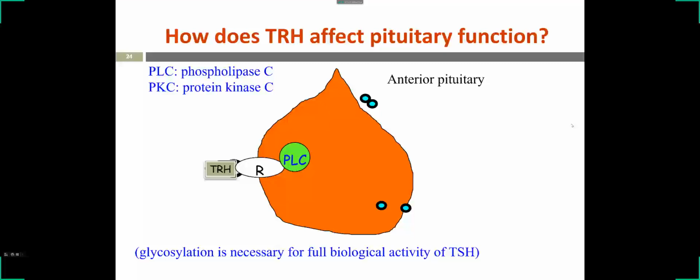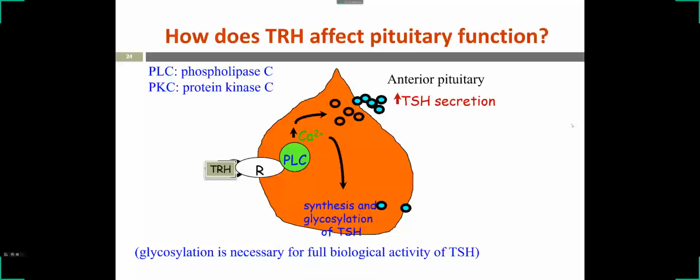This drives phospholipase C activation, which will then eventually increase intracellular calcium concentrations, which then will cause both increased secretion of thyroid stimulating hormone from the anterior pituitary, and eventually drive synthesis and glycosylation of more hormone.